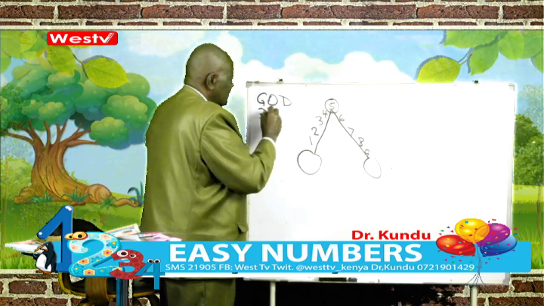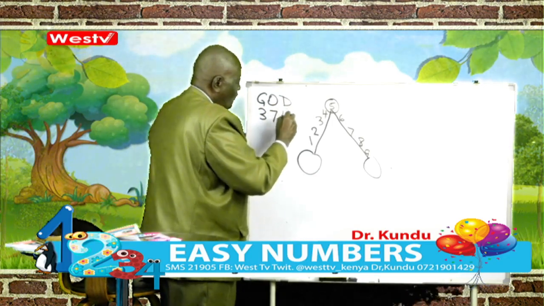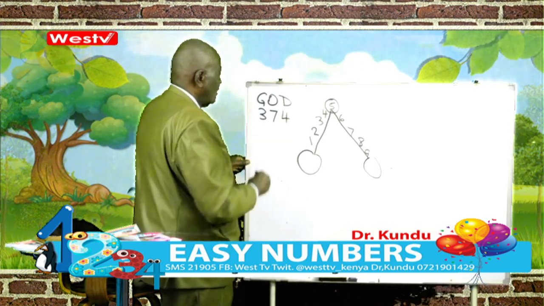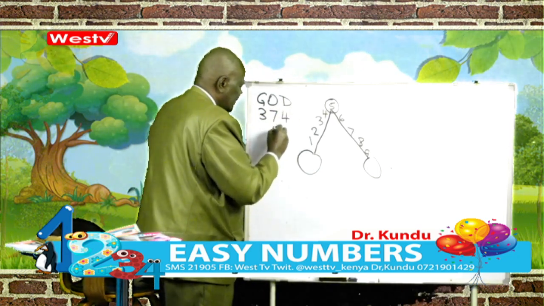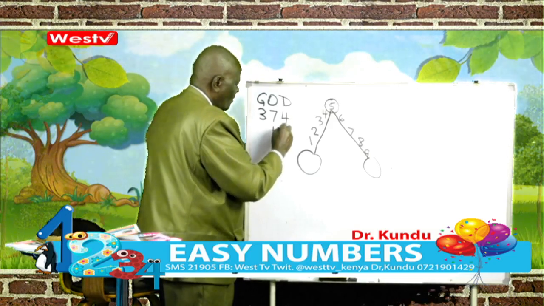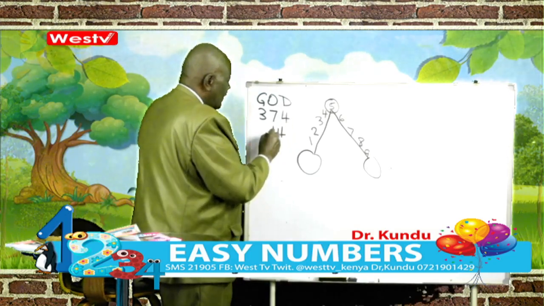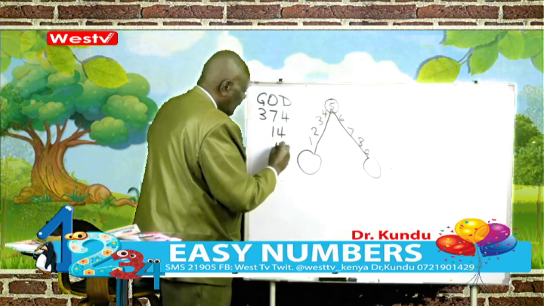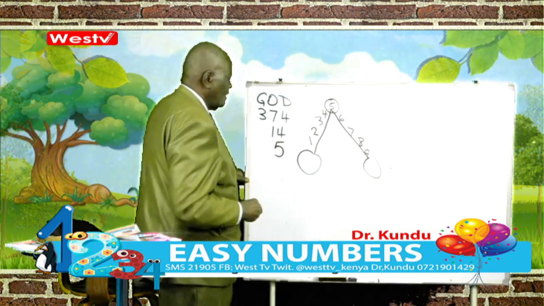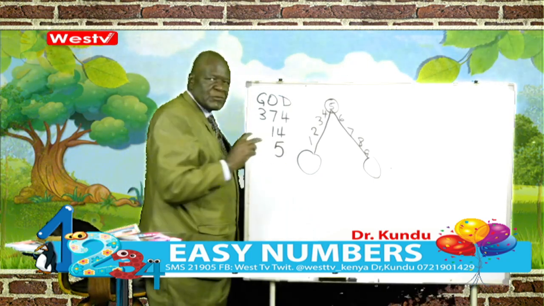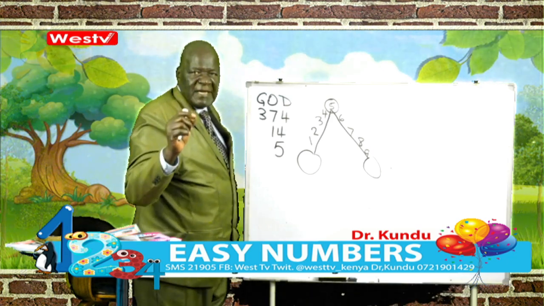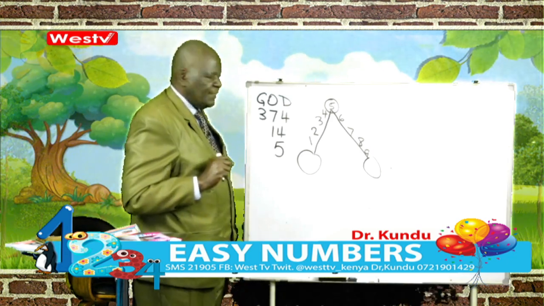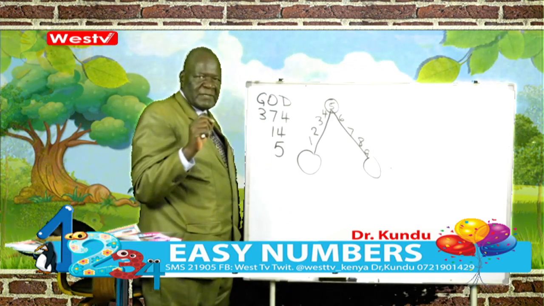3, 7, 4. 3 plus 7 is 10 plus 4 is 14. And 1 plus 4 is 5. The 14 is called a compound number. A compound number is one with 2 digits, and 5 is a single number.